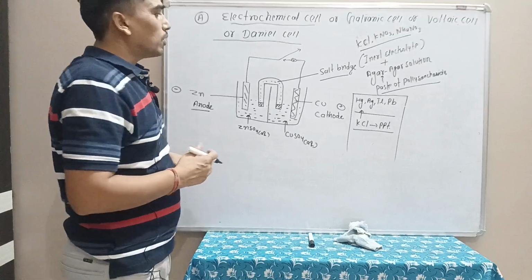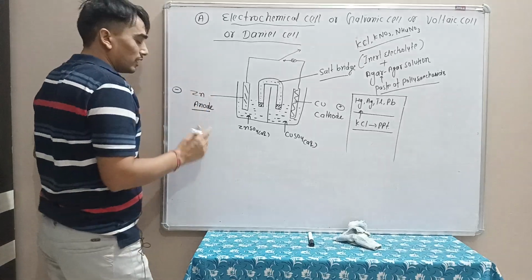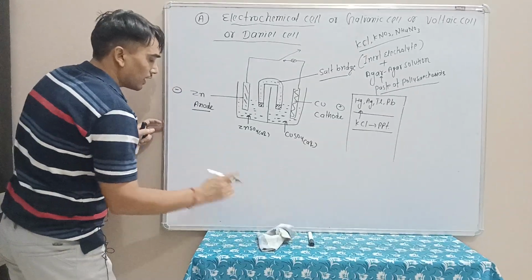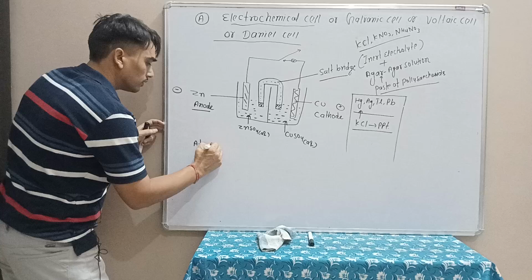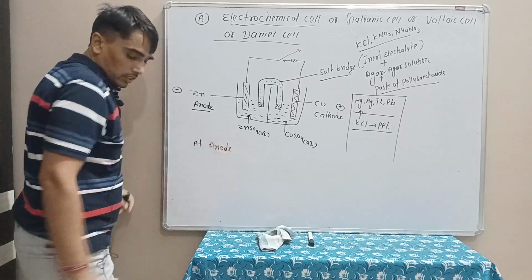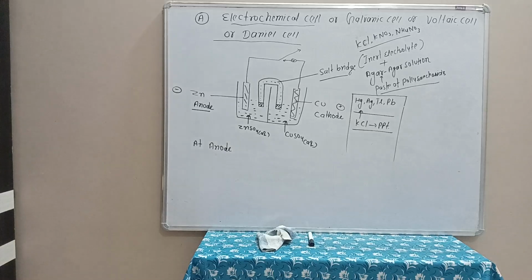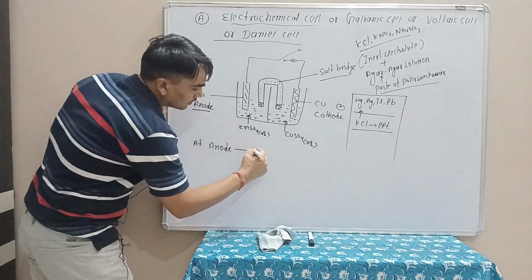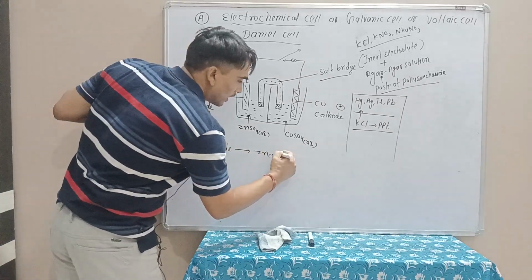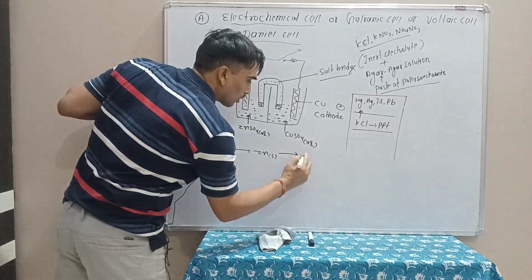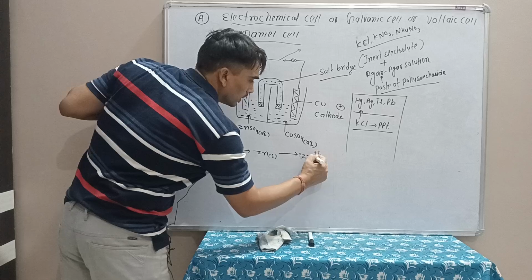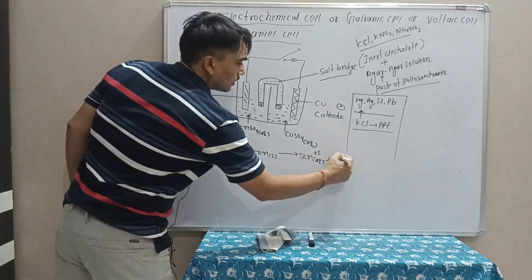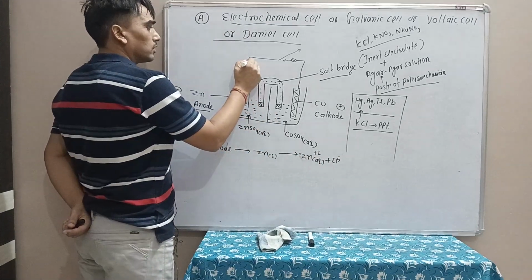Now dear students, we can talk about the cell reaction. First of all, Zn acts as anode, so at the anode, is it visible? Yes. At the anode, Zn metal gives 2 electrons and converts into Zn2+ ions.